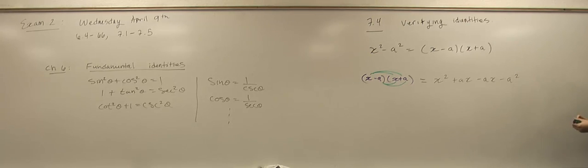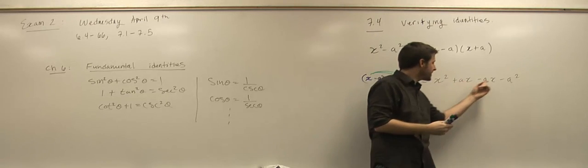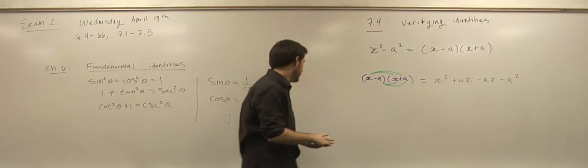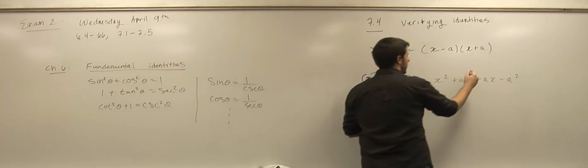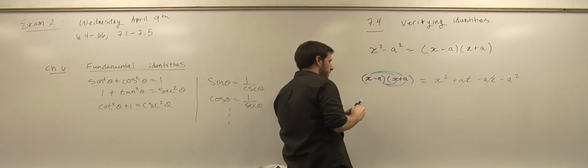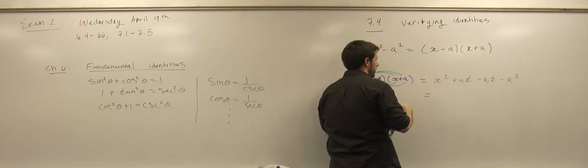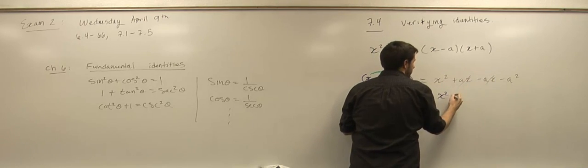And then maybe you realize that ax and negative ax cancel each other out, right? So these go, and you're left on the next line with x squared minus a squared.